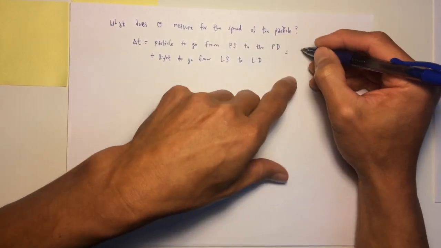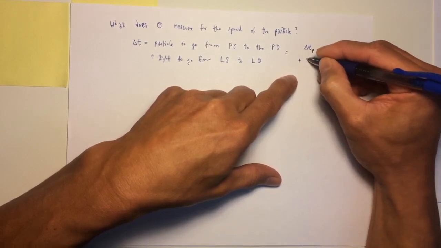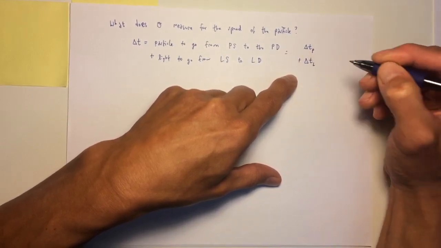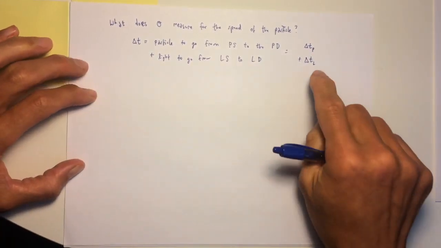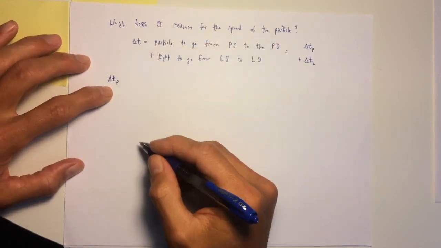So let's say this is delta t for the particle plus delta t for the light. All right, so delta t for the particle.